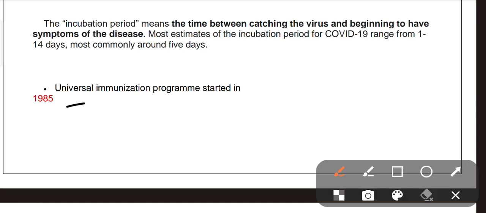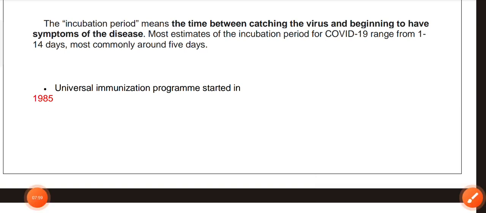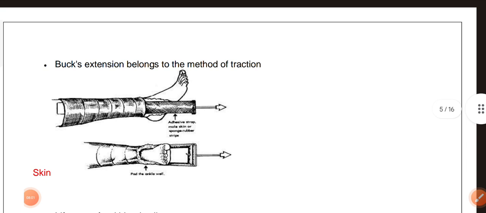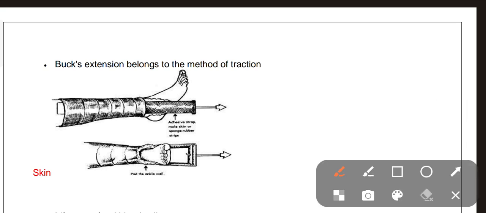So the immunization program was started in 1985. And the next point is: Buck's extension belongs to which method of traction. You can see the traction here.